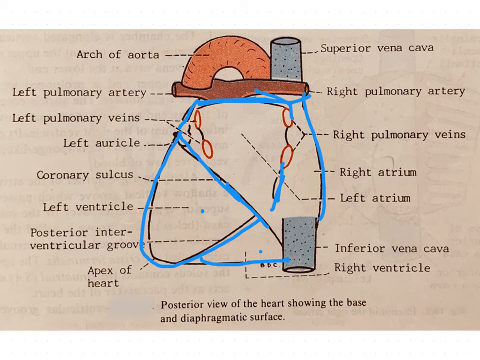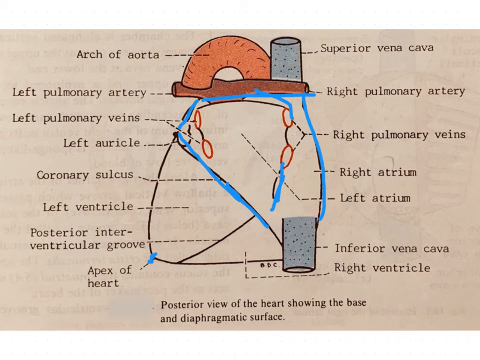Okay, here also we can see the borders and all. So here we can see this one is the upper border, lower border, and the right border and the left border. So also the heart is having an apex and the base. The apex is mainly formed by the left ventricle, and it is directed downwards, forwards, and to the left.